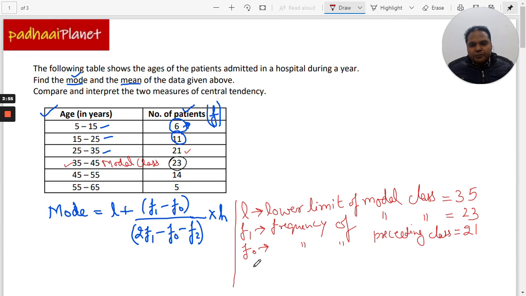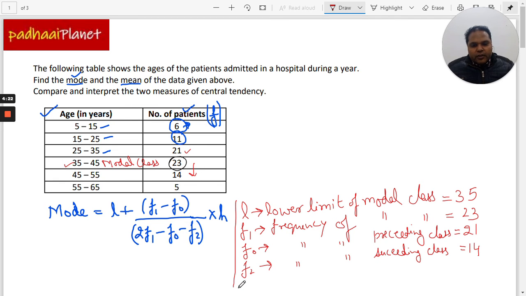Similarly, F2 is the frequency of the succeeding class, right? Succeeding class meaning the class right after the modal class. So the frequency of the next one is this, so we can simply write 14.